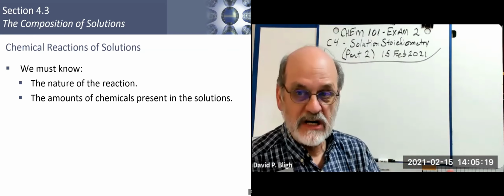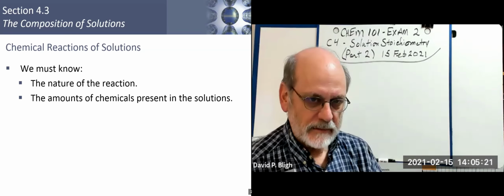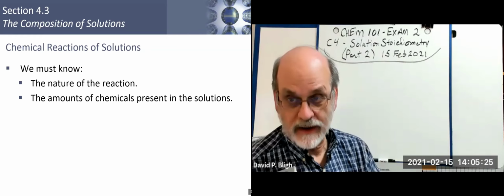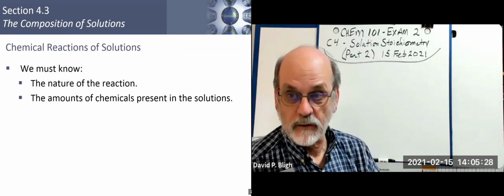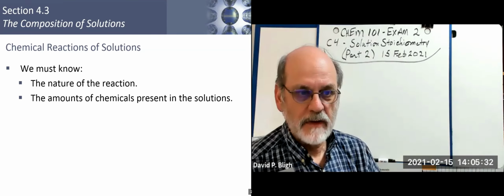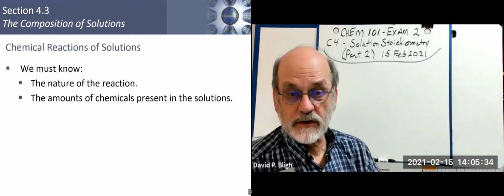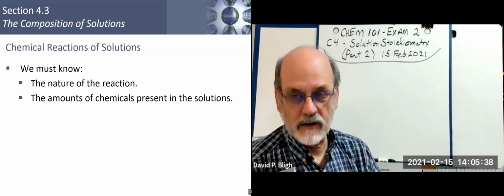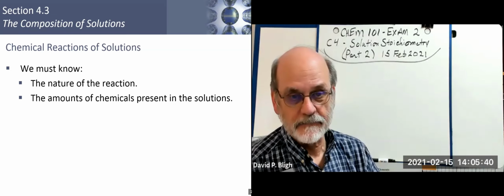It's called a precipitation. Does the reaction produce a gas, which should be readily observable in the solution itself? Does the reaction produce a change in color? You know, some of these macro indicators that a reaction is taking place.